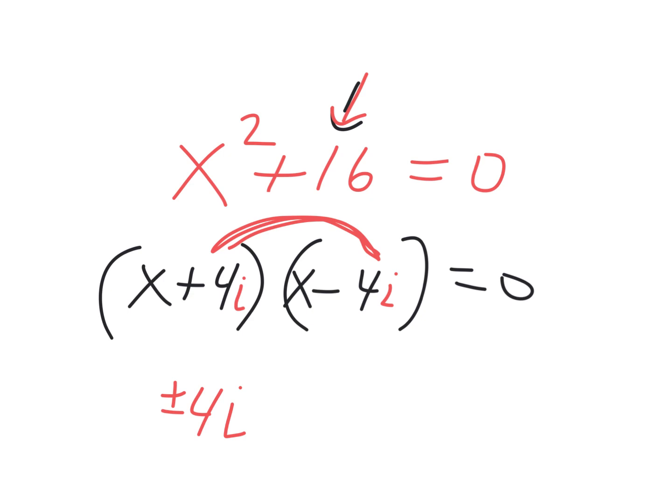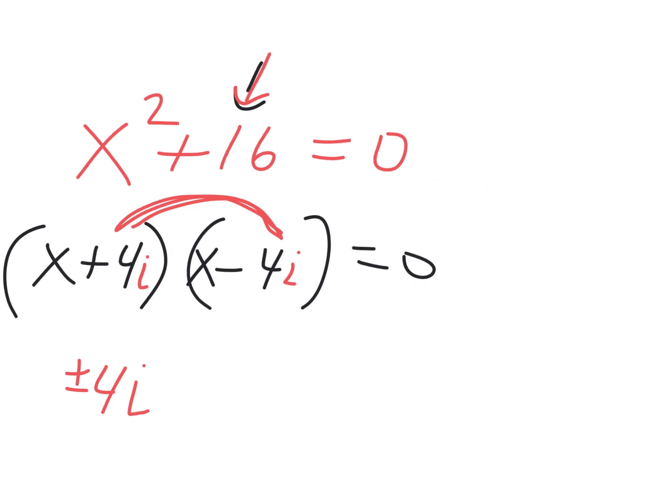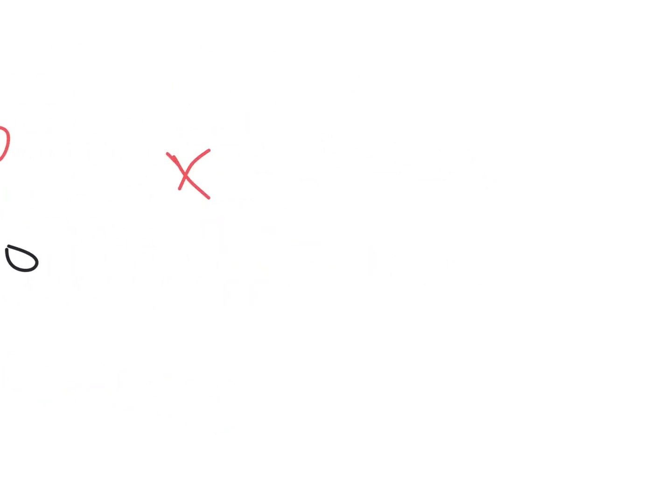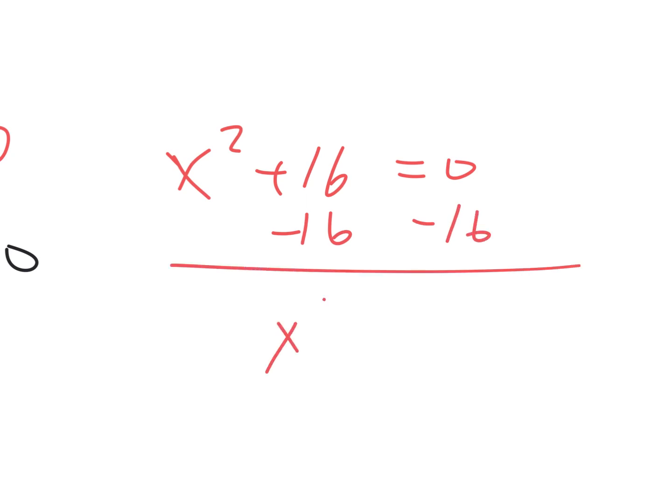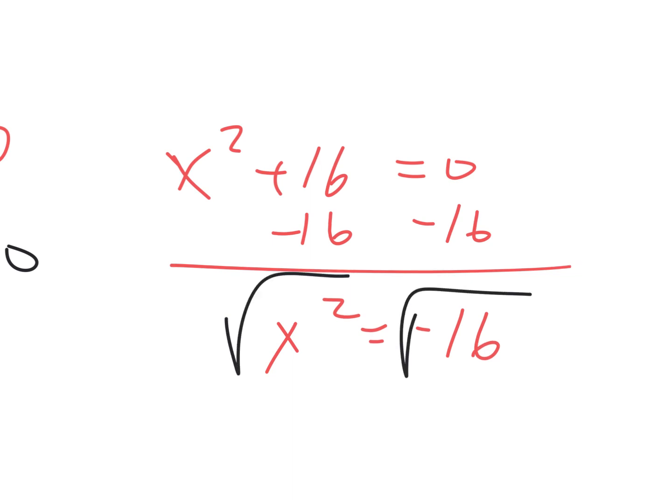But I know I warned you, some of you weren't going to be able to do it. So if you are one of those kids, then here's what you have to do. You subtract 16 from both sides, and then you get x squared is equal to negative 16, and then you're going to square root both sides. Then you need to get absolute value of x equals 4i.